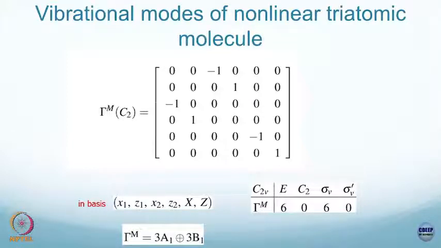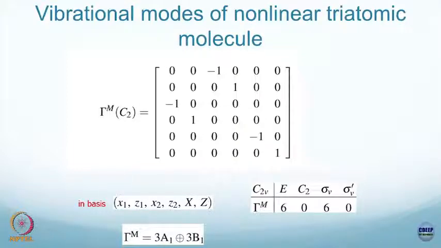Okay, so I have written this 6 cross 6 matrix, now you have to redo this for each element. The identity element is of course trivial, the character will be 6. Similarly, sigma v will also be 6 because they will be almost the same. For C2, these two are diagonal elements, they add up to be 0, clear.